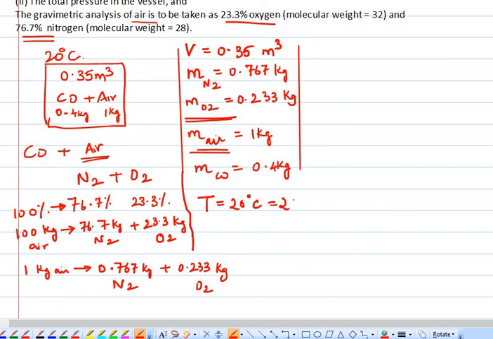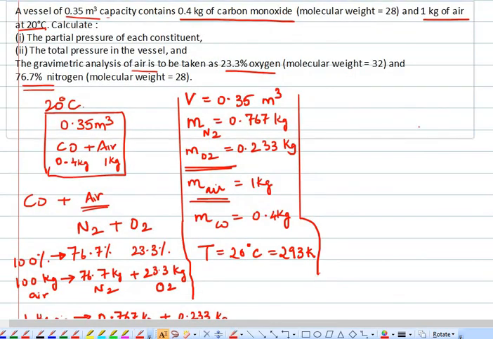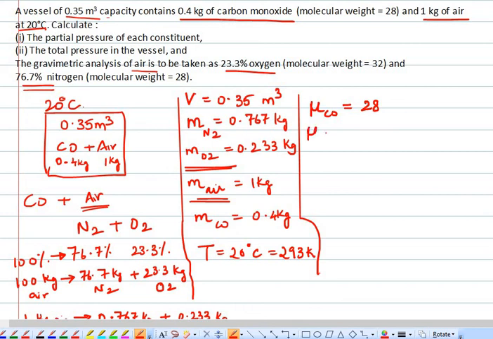So this will become 293 Kelvin. So this is the given data. Apart from this, the molecular weight is given. The molecular weight of carbon monoxide is 28 and the molecular weight of oxygen is 32 and molecular weight of nitrogen it is 28.